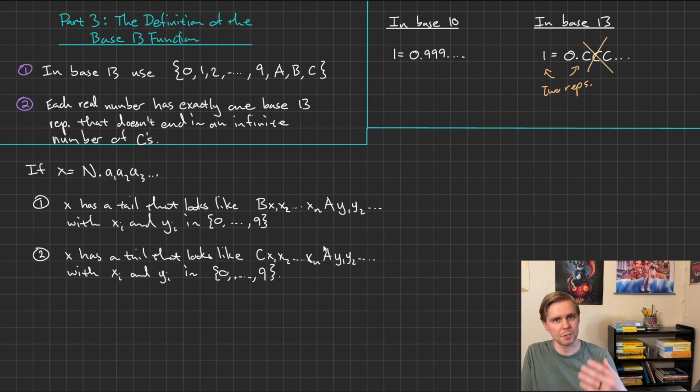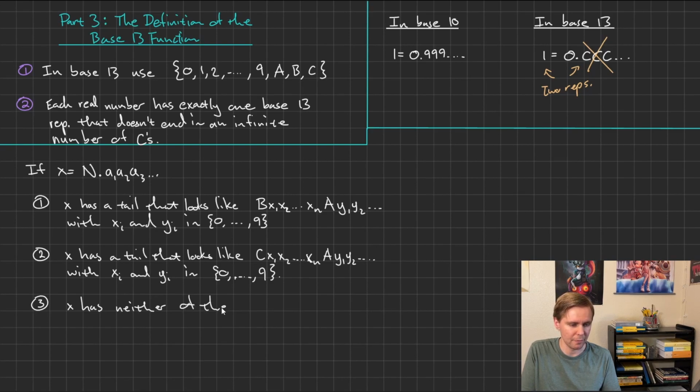These are two options. You just take a random real number and take a look at it. It could have one of these two options. The third option is x has neither of these tails. And together, these three options cover all real numbers.